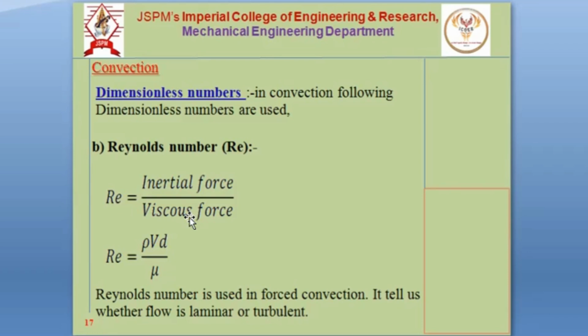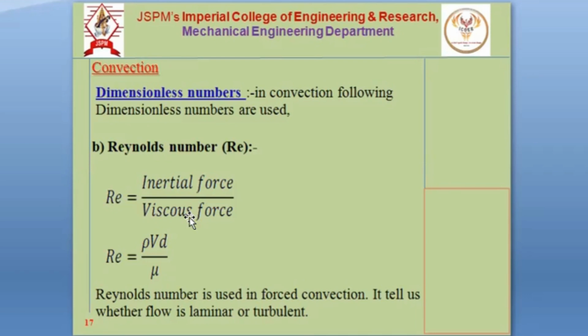We know that laminar flow is a viscous effect, so it happens at a lower Reynolds number, and turbulent flow occurs at a higher Reynolds number. So the Reynolds number is the one we use to describe whether the flow is laminar or turbulent in a channel, as well as for external flow.